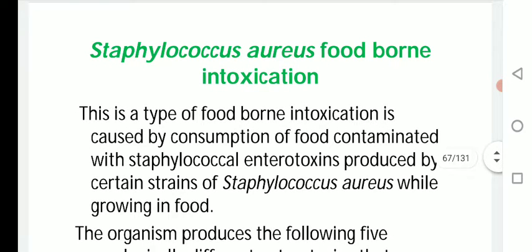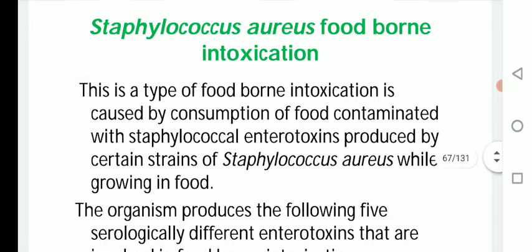Then Staphylococcus aureus foodborne intoxication. This is a type of foodborne intoxication which is caused by consumption of food contaminated with staphylococcal enterotoxin produced by certain strains of Staphylococcus aureus while growing in food.